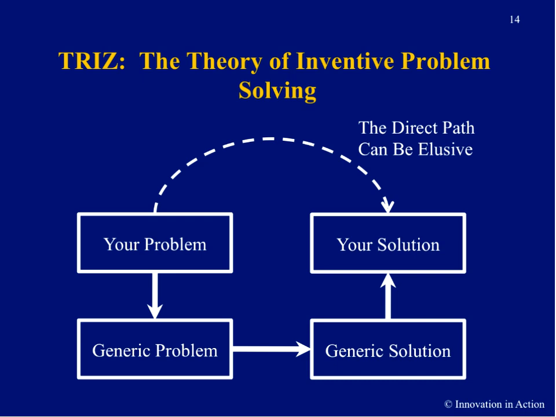What he says instead is that your problem has probably been solved by many other people, or at least a functionally similar version of your problem has been solved many, many times by other people, perhaps in unrelated industries that you would never even consider looking at. And so he suggests taking your problem, genericizing it, then studying generic solutions.